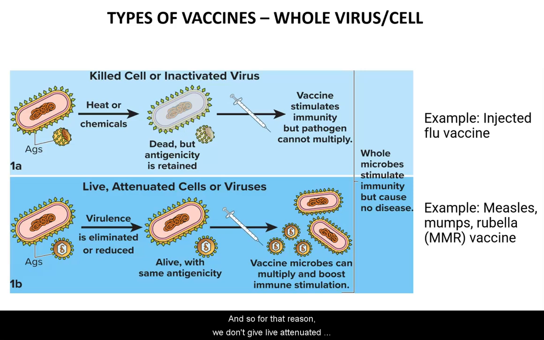And so for that reason, we don't give live attenuated vaccines to people who are immunocompromised, okay? And we don't give it to pregnant people because they can theoretically pass the microbe onto the fetus, which could theoretically get the disease.